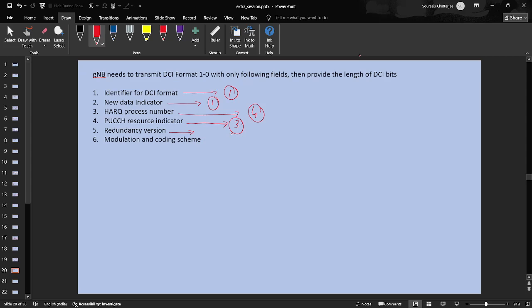Redundancy version, we have seen RV0, RV1, RV2, RV3, 4 such, so there we need 2 bits. And modulation and coding scheme, we see how many such possible, 31, right? So closest power of 2 is 2 to the power 5, 32, so we need 5 bits for that. So if we sum them up, 2 here, 4, 6, 3, 9, 11, 5, we need 16 bits in total.